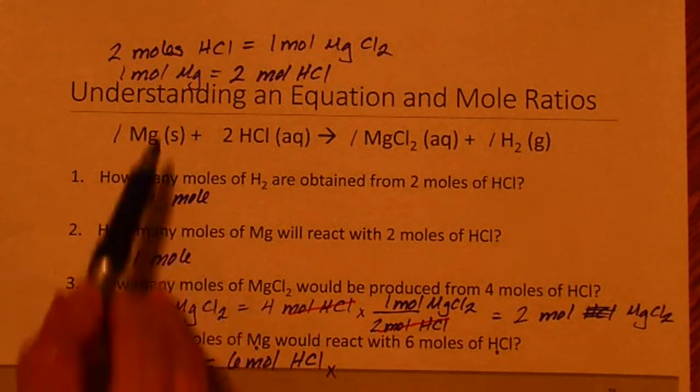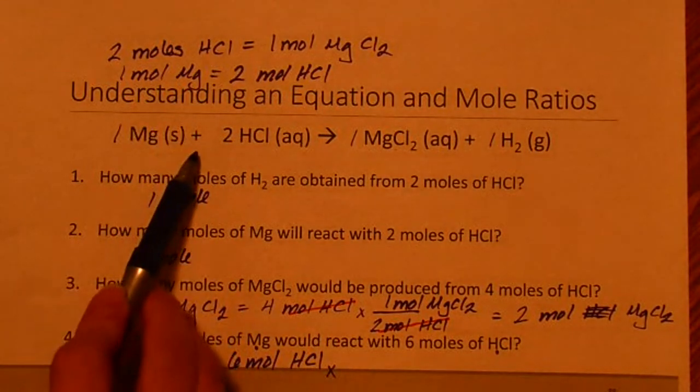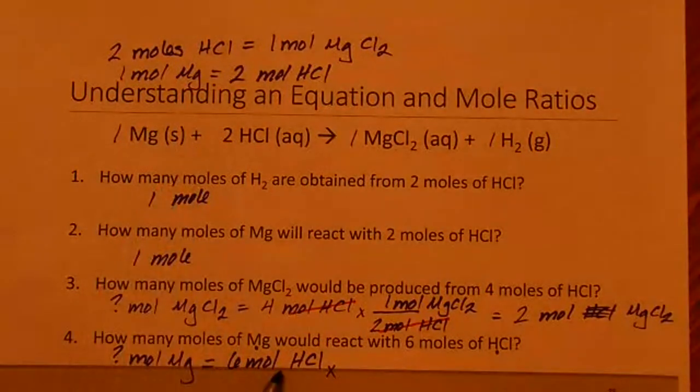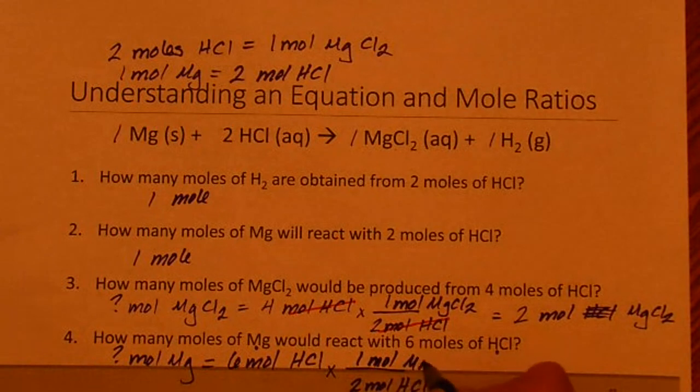Well, my mole ratio that I got from a balanced chemical equation tells me that for every 2 moles of HCl that reacts, that's going to react with 1 mole of magnesium.